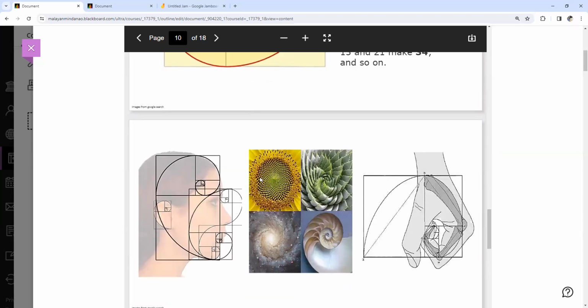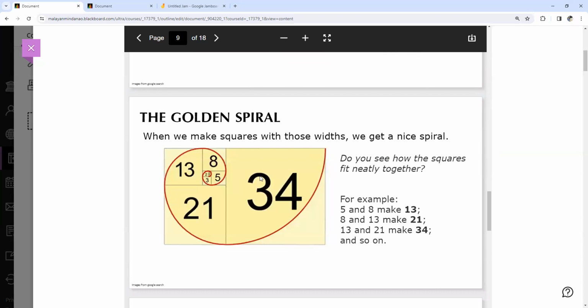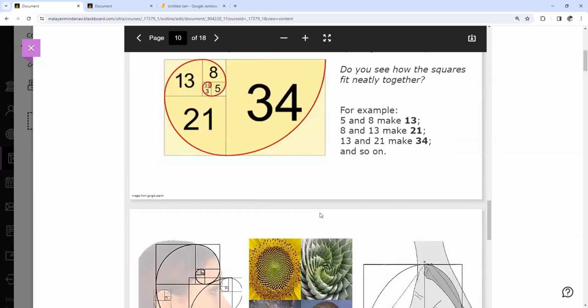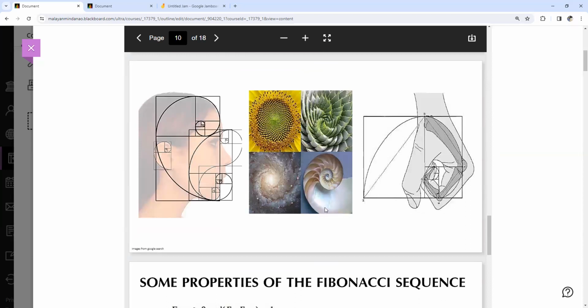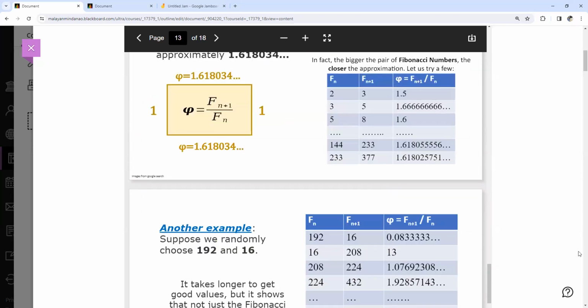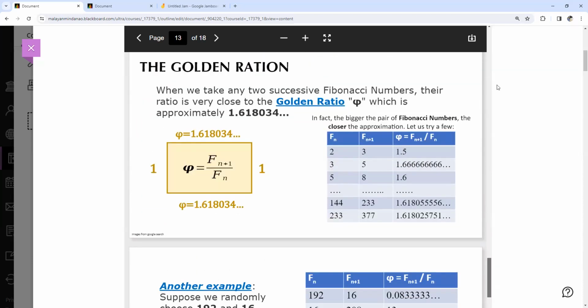What's fascinating about the golden spiral, which is made by these Fibonacci number widths, is that you see it in nature a lot, even in the face, in shells, and even in spiral galaxies, in your clenched fist. So that is very fascinating, definitely.